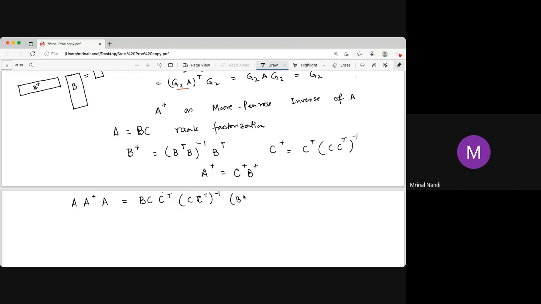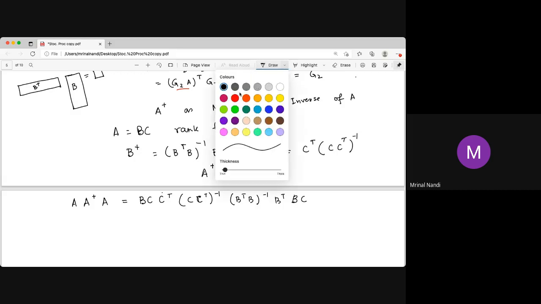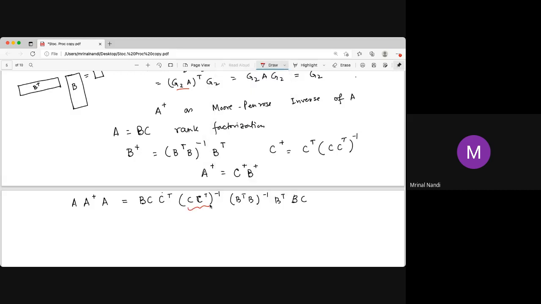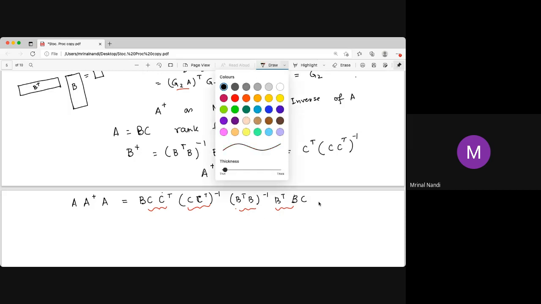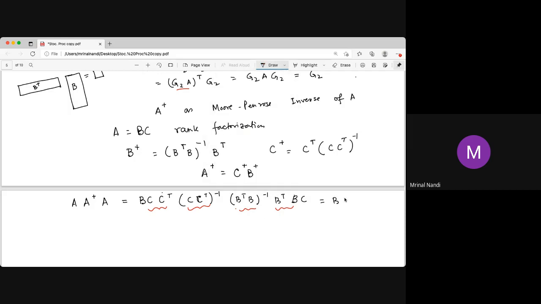This is B transpose B whole inverse, B transpose, and then we end with A. A is again BC. Now we have C C transpose inverse multiplied by C C transpose, so it is identity. Similarly, B transpose B multiplied by B transpose B inverse, so it's identity. So it ends with B identity C. So it is BC, so it is A.